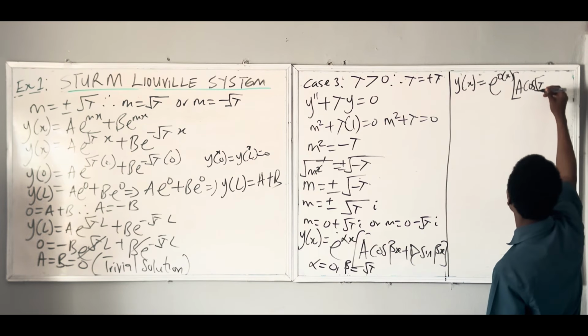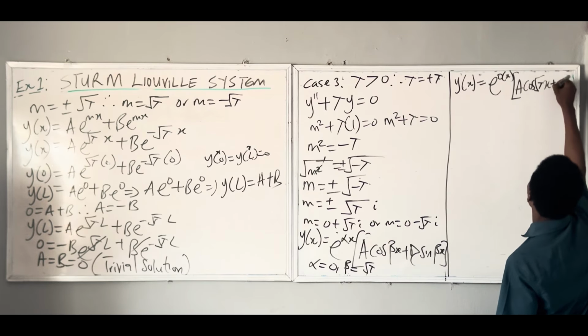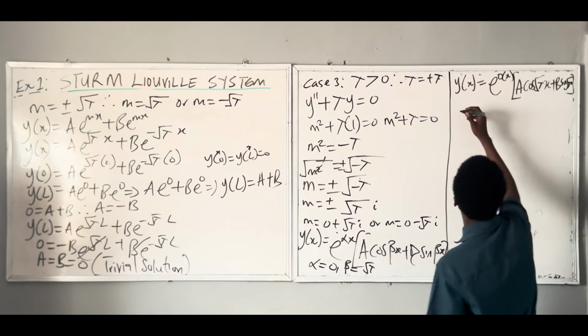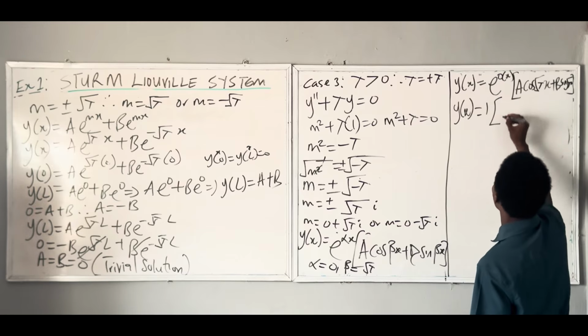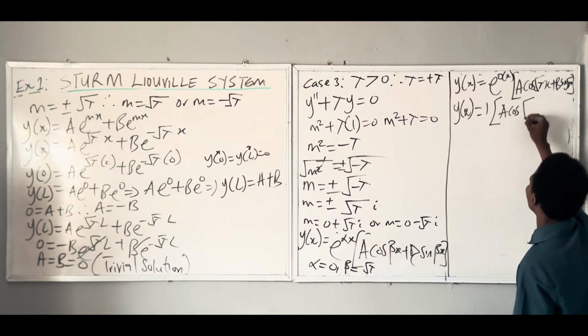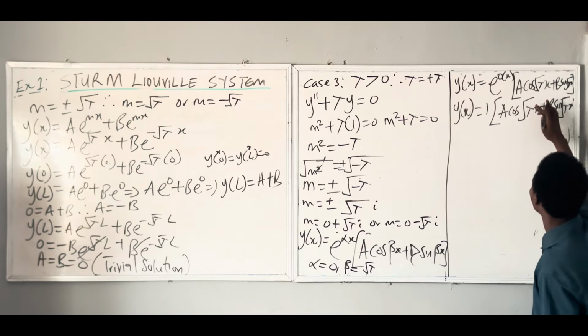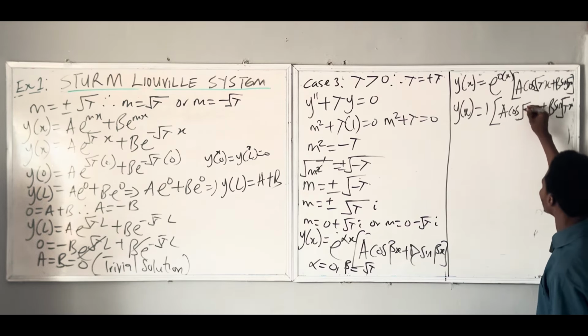So I'm now going to have A cos root lambda x plus B sine root lambda x. Anything to the power 0 is 1. So y of x is A cos root lambda x plus B sine root lambda x. It's only the root that is affecting lambda, not x.